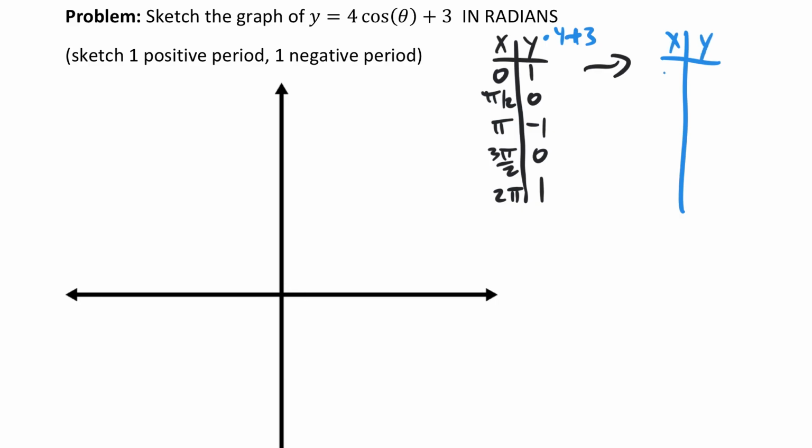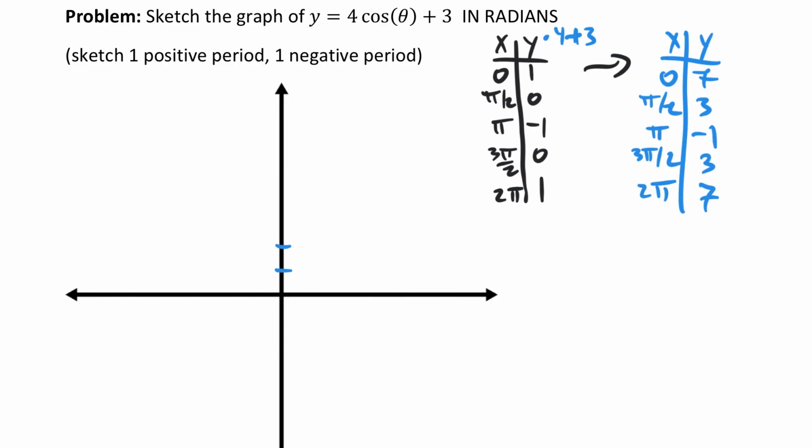Okay, the x stays the same, thank goodness. 0, pi by 2, pi, 3 pi by 2, and 2 pi. 1 times 4 is 4 plus 3 is 7. Okay, then this will be 3. -1 times 4 is -4 plus 3 is -1. 3 and back to 7.